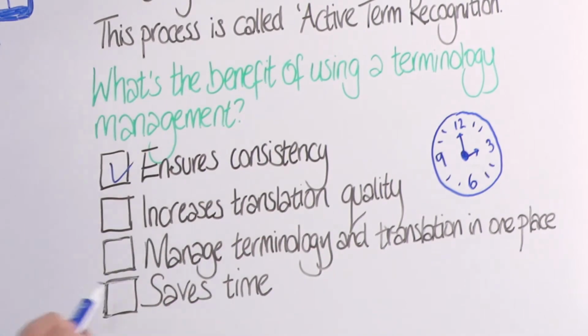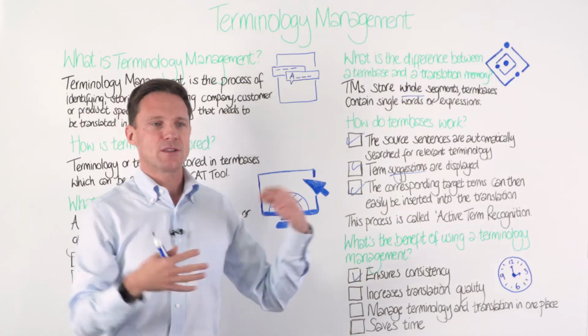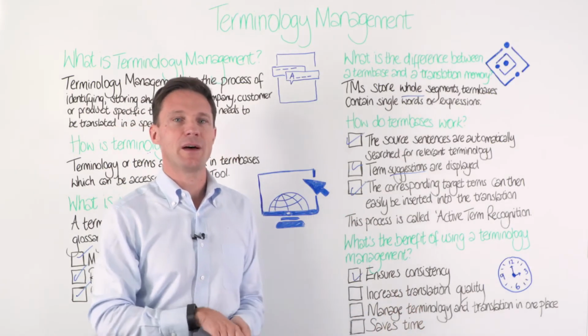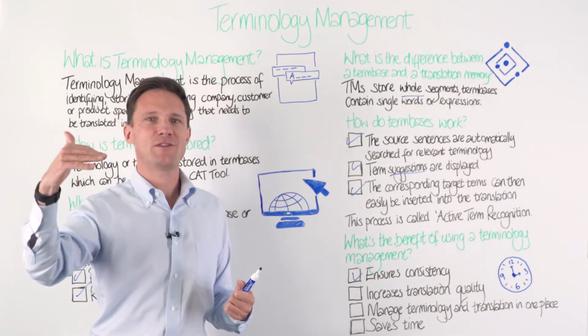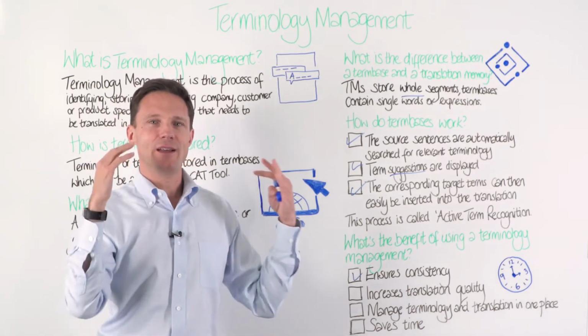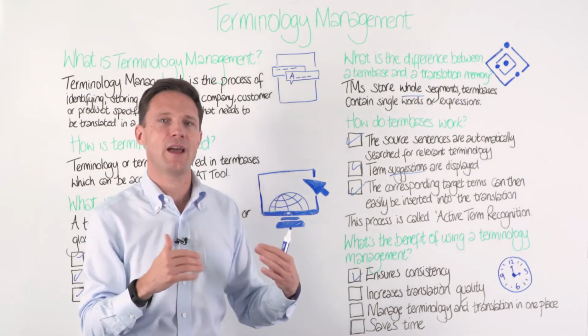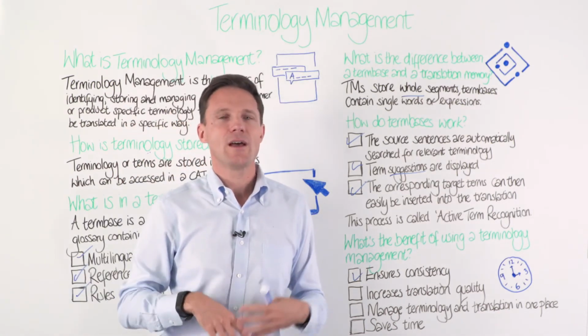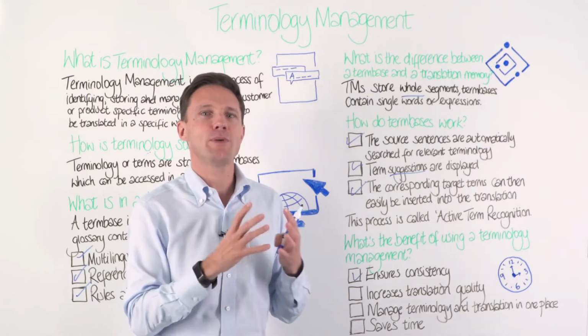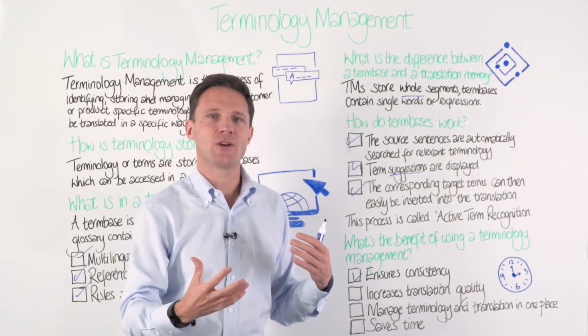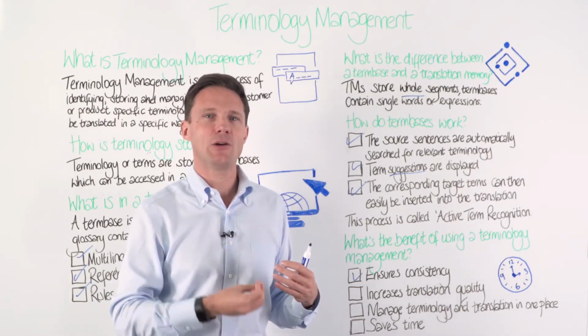First of all is consistency. Translation memory helps with consistency, but terminology takes it to a different level, to make sure that specific terms are translated consistently time and time again. And we've done some research, and actually 48% of rework is down to terminology errors.